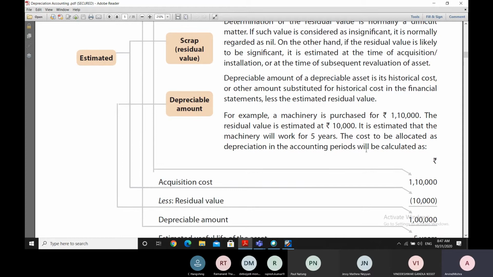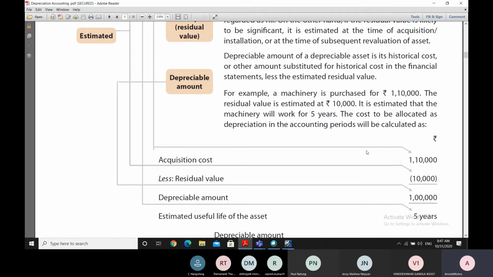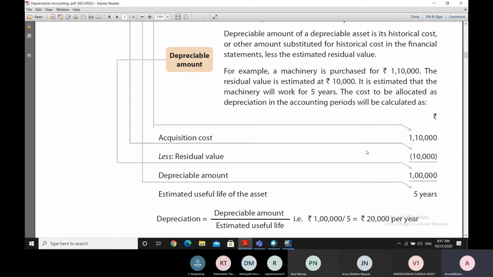and therefore if you have to calculate the depreciable value, or the cost which is to be allocated as depreciation in the various accounting periods, we will first take the acquisition cost as 1,10,000 rupees, and from the acquisition cost we will reduce the residual value of 10,000 rupees, and after reducing this residual value, what we get is the depreciable amount.